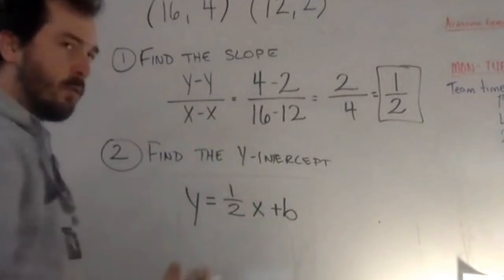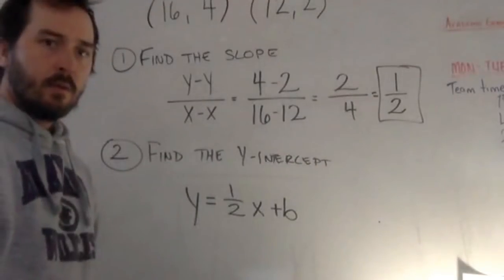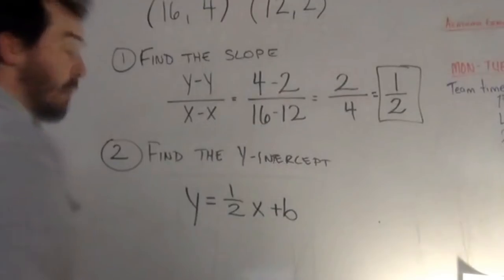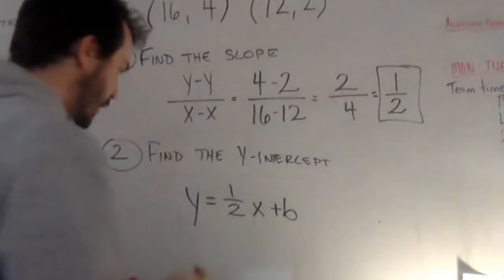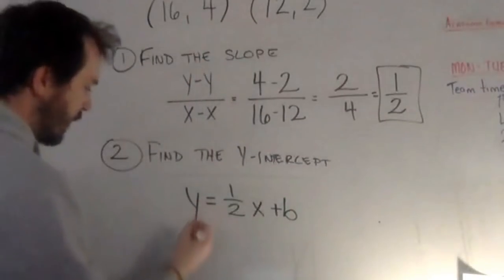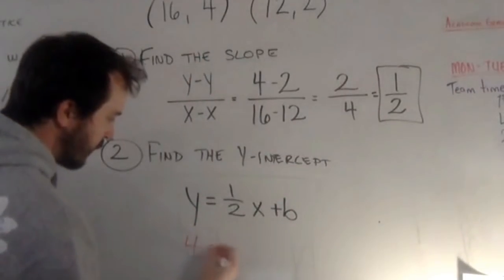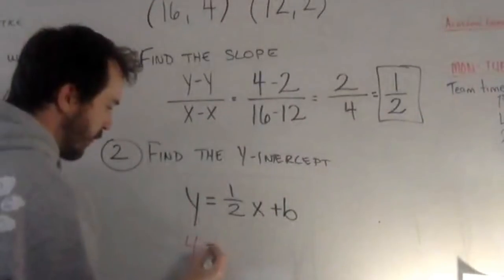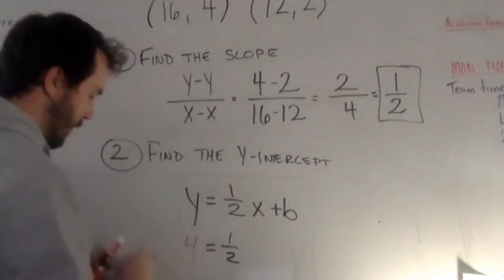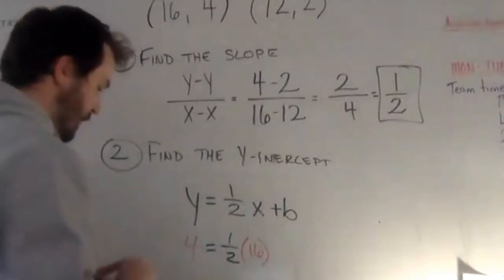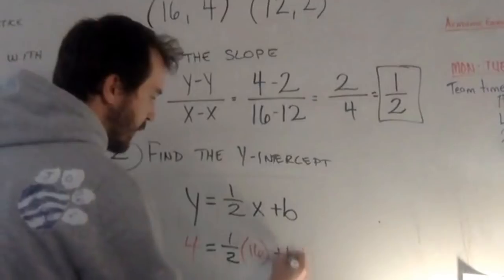Again, what did we do before? We substitute one of our coordinates in for x and y. Does it matter which coordinate? Well, let's find out. I'm going to substitute 16 for x and 4 for y. So 4 equals 1/2 times 16 plus b.